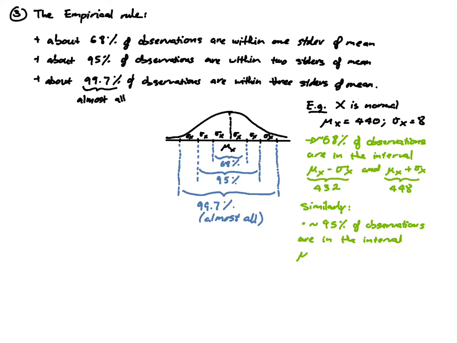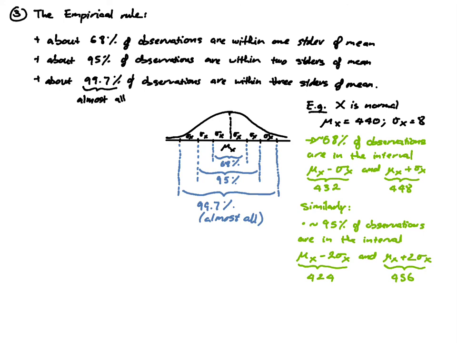So mu x minus 2 sigma x and mu x plus 2 sigma x. If you plug the numbers in, this is 440 minus 16, that gives you 424, and this is 440 plus 16, and that gives you 456. So 95% of the observations are between 424 and 456.